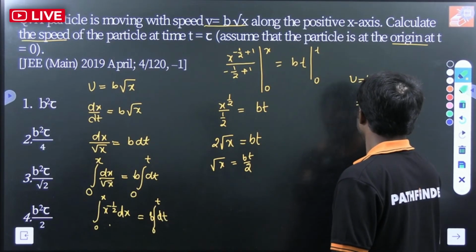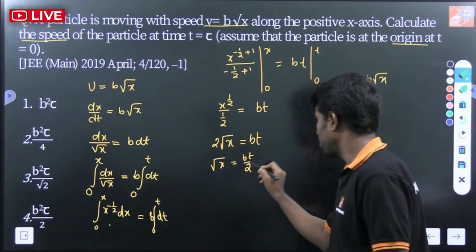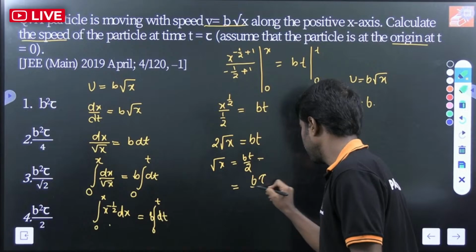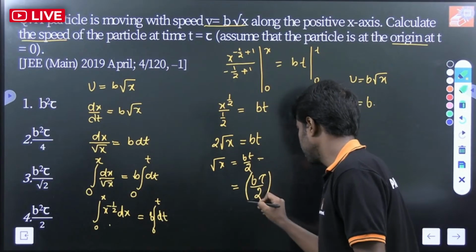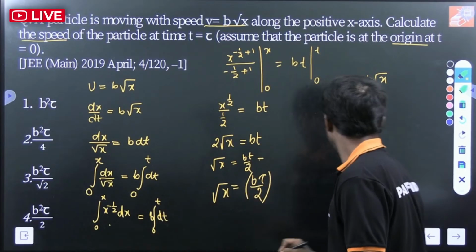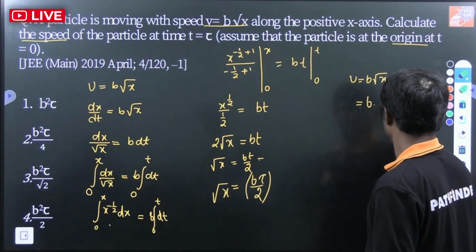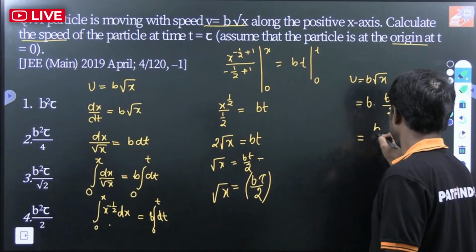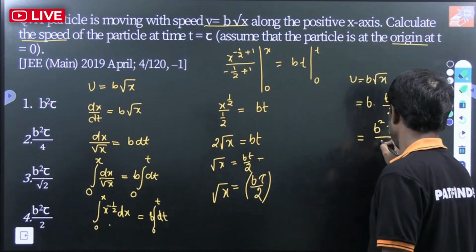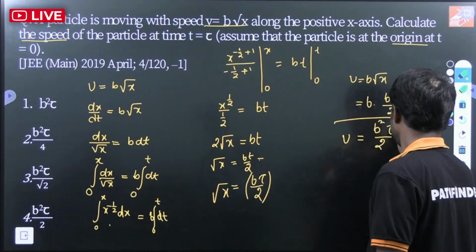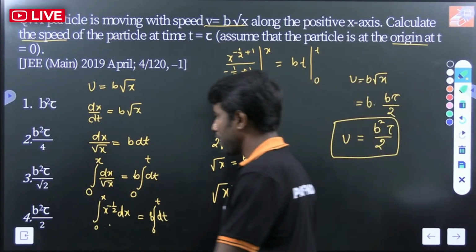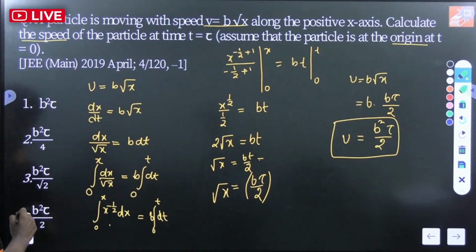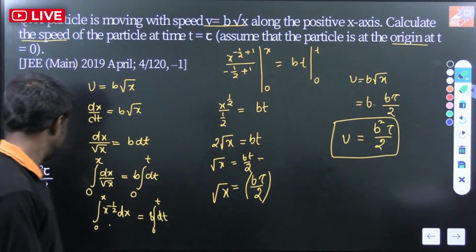We can put in the value of root x, which is b tau by 2. So finally we will get b square tau by 2. Check that answer: b square tau by 2. So this one is our right answer.